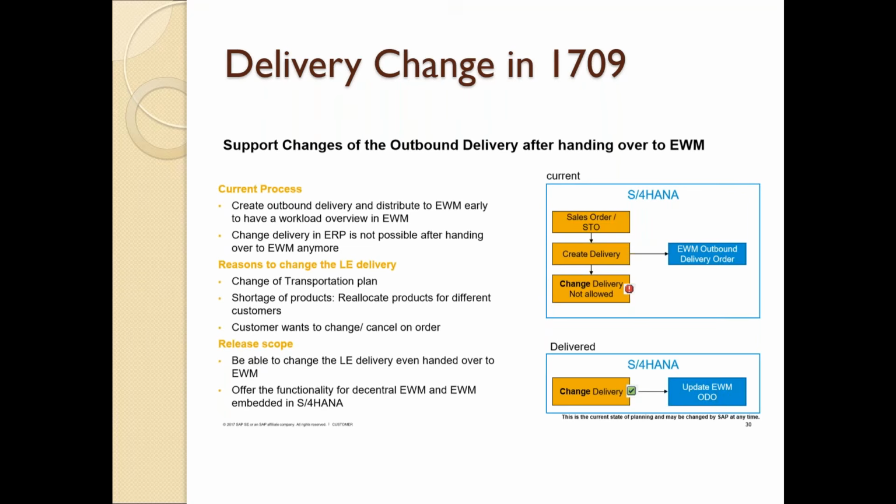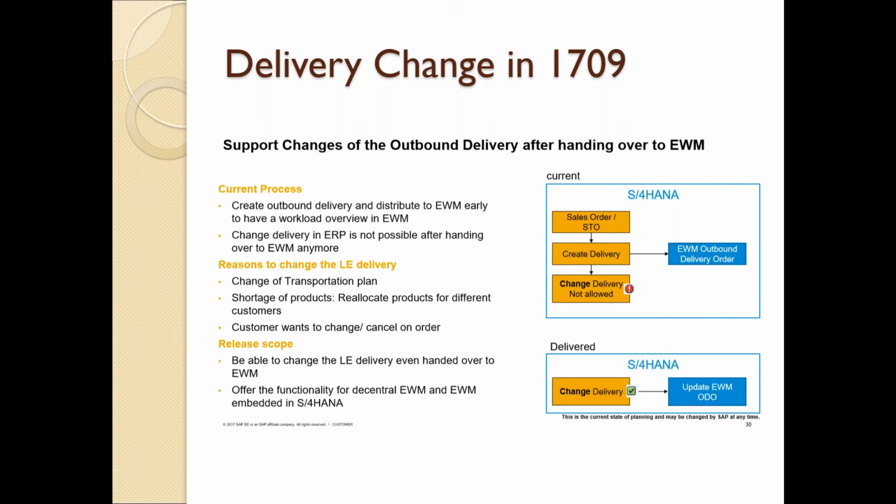But from 1709, the feature given is that though the delivery has been distributed to the EWM system, we can still change your quantities, your batches, your texts, and any of the things. But the prerequisite here is that you should not start your warehouse activities there.